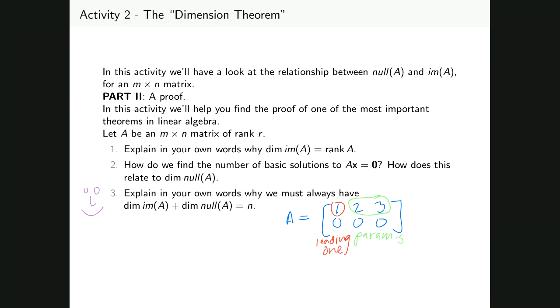Okay, so notice that every column is contained in one of these categories, either your leading one or your parameter.